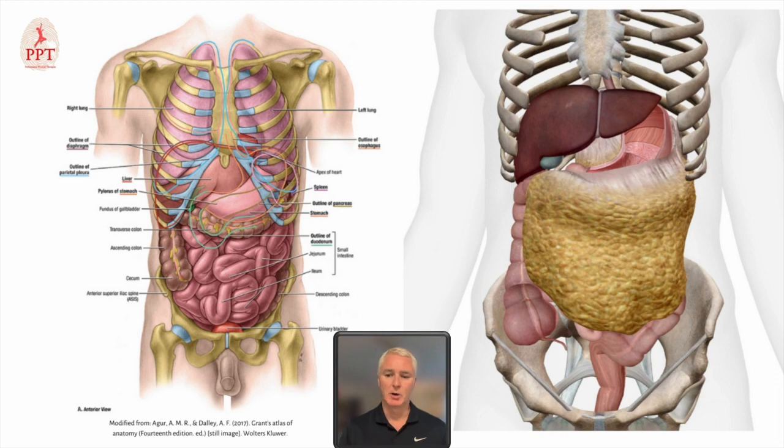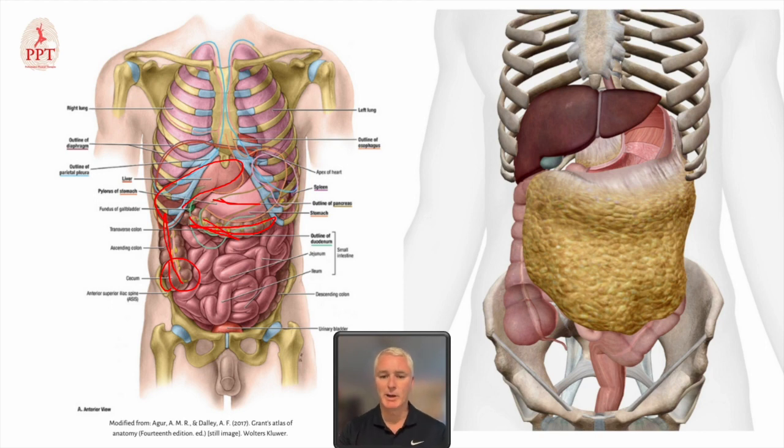The transverse colon, well, it's actually above the umbilicus and it's under the rib margin. So if we just put a little line here, we've got the transverse colon here, this is in red, and then we've got that liver sitting all the way up in there with our stomach. So it covers some of the stomach. That's our ascending colon there with our cecum. Our descending colon's actually hidden behind much of the small intestine.